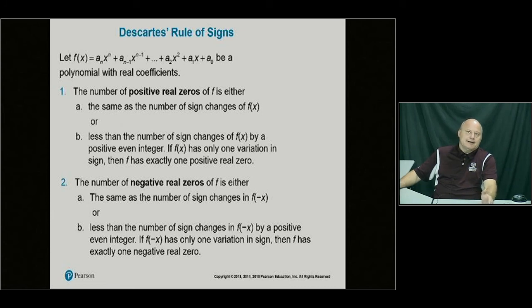So let's say the degree is 5. Okay? And you found there could be 2 positive reals, 2 negative reals. Well, it wouldn't be that, because let's say there's 1 negative real. So if you had 2 positive reals, that's 2, and then 1 negative real, that's 3.